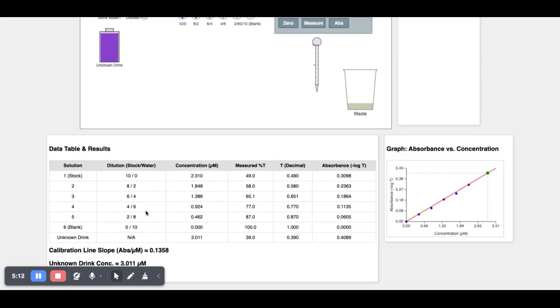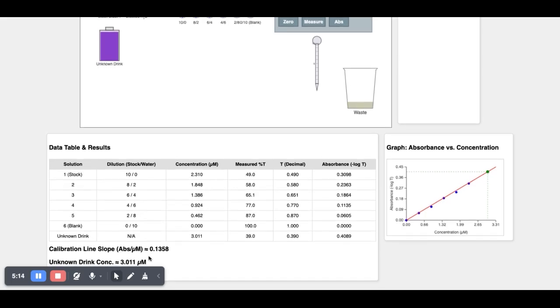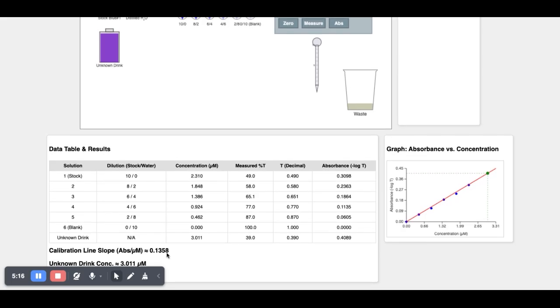I calculate the unknown concentration to be 3.011. This experiment shows how spectrophotometry can be used to quantify the concentration of a solution by relating absorbance to concentration through a calibration curve.